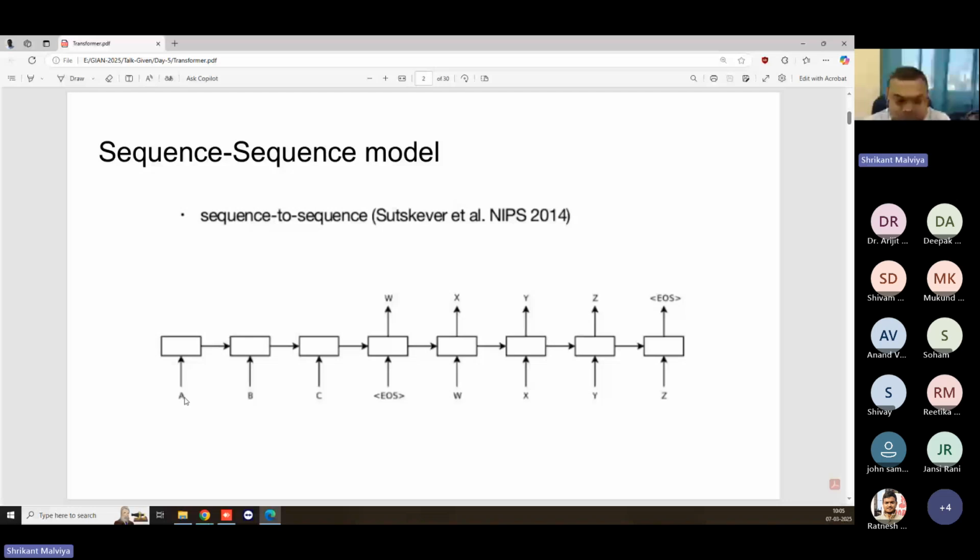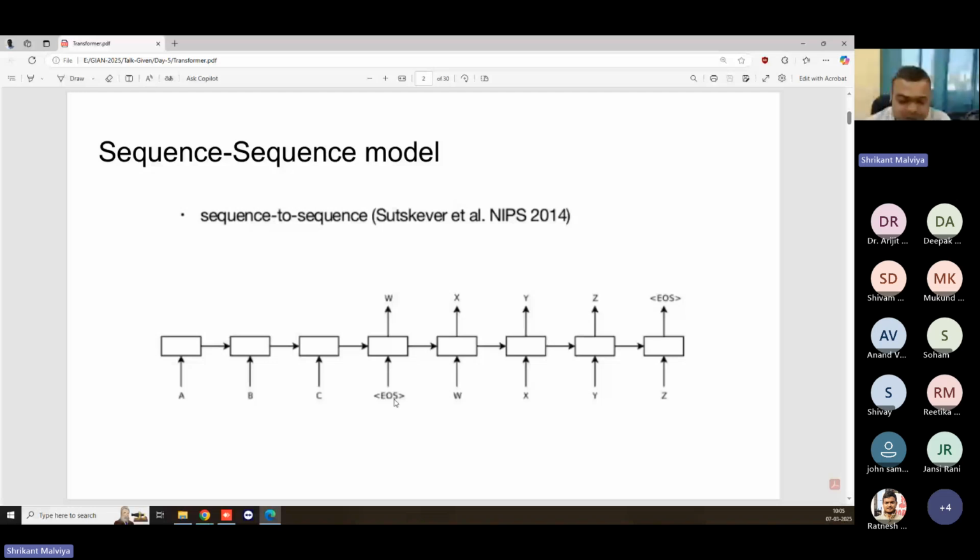And for the generation of the output sequence, it will start with this tag, the end of sequence symbol, which is used both at the start and at the end. People generally also use separate symbols like a start symbol and an end symbol, but suppose in this example the same tag is being used.